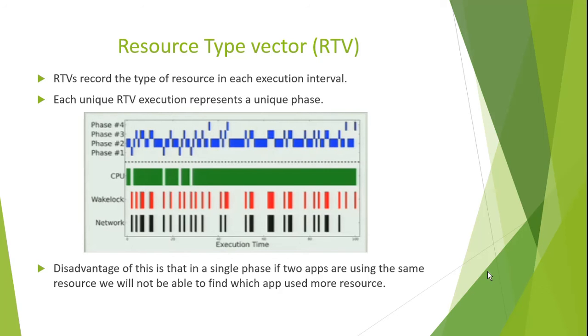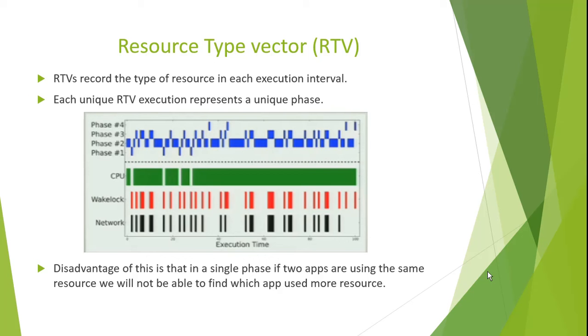The same is the case when two apps are performing operations and both are making use of the same resource. Let's say two apps are making use of the recorder. Then we will not be able to know which app is consuming more of the recorder resource and which app is consuming less.